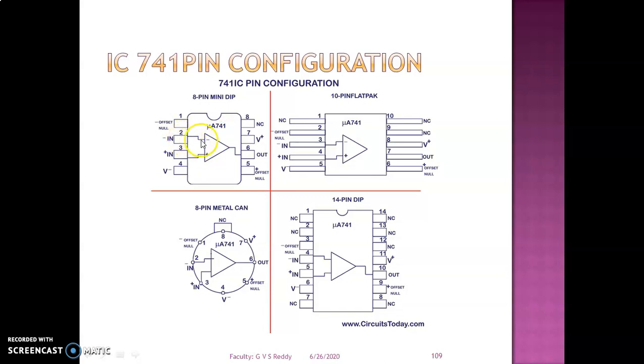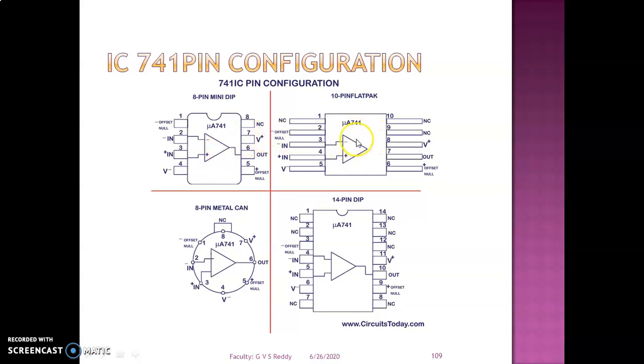Pin number 2 represents the inverting input terminal, pin number 3 represents the non-inverting input terminal, and pin number 6 is the output terminal, and pin number 4 negative power supply, pin number 7 positive power supply, and pin number 1 negative offset null pin, and pin number 5 positive offset null pin, and pin number 8 no connection, and pin number 4 negative power supply, pin number 7 positive power supply.